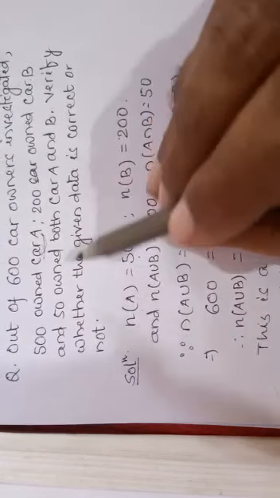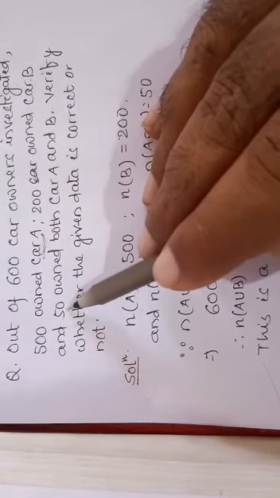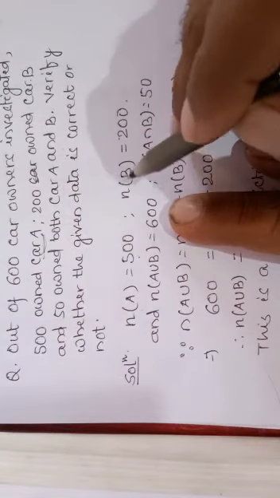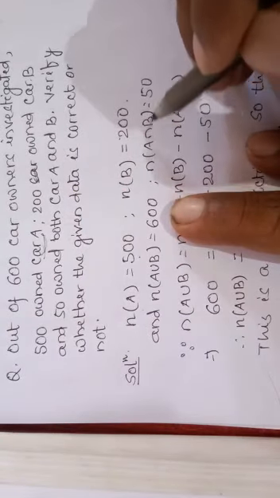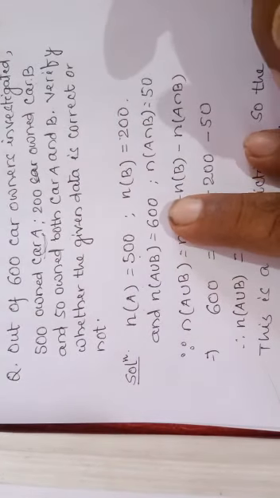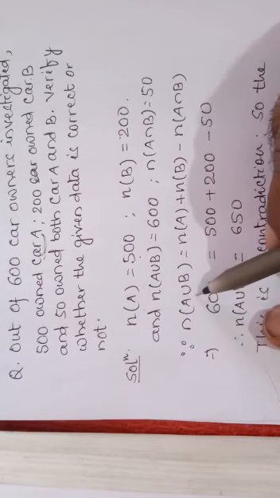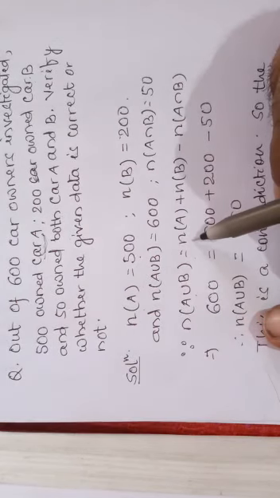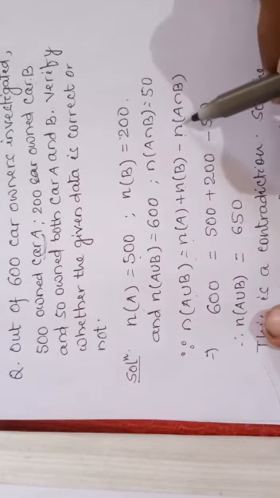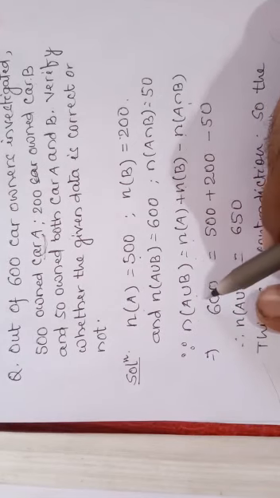One more thing is given, 50 owned both car A and B, means the number of elements of A intersection B is equal to 50. So children, we know the formula: N of A union B is equal to N of A plus N of B minus N of A intersection B.